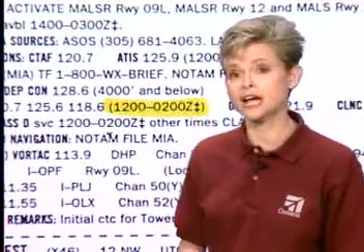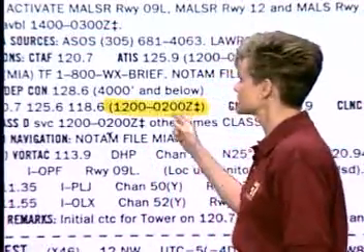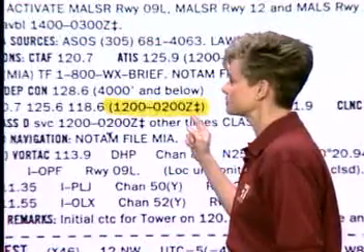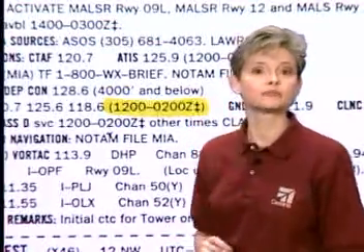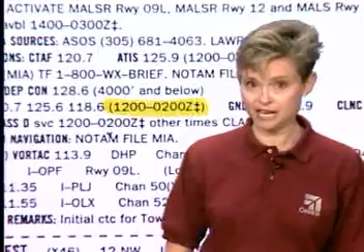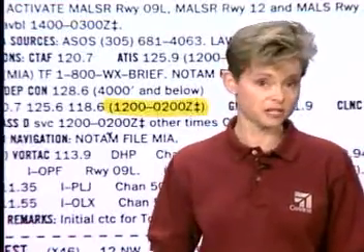To find out if the tower will be open, you need to convert that UTC time to local time. By the way, notice that little plus over plus symbol at the end of the entry? It means that during daylight saving time, the hours of operation will be 1 hour earlier than shown.